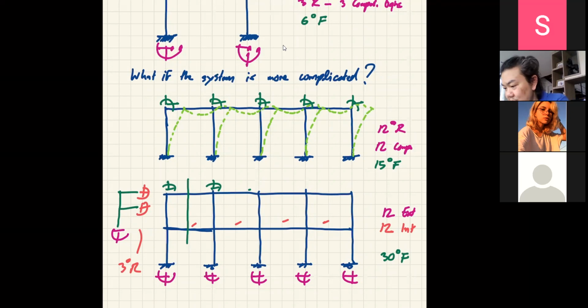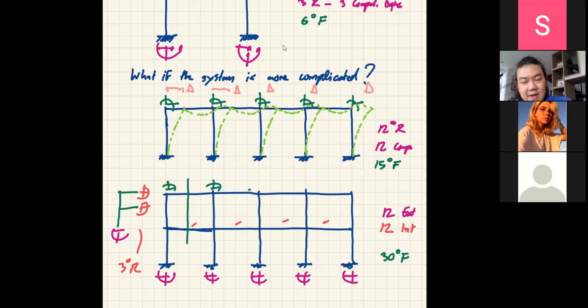And when they all move together, I can say, this is delta, this is also delta, that is delta, that is delta, that is delta. That means I need one more to identify the displacement of the structure, correct? I can't have just 5, because that means I will only know the joint rotation, but I need to know how much my system moves to the side as well.